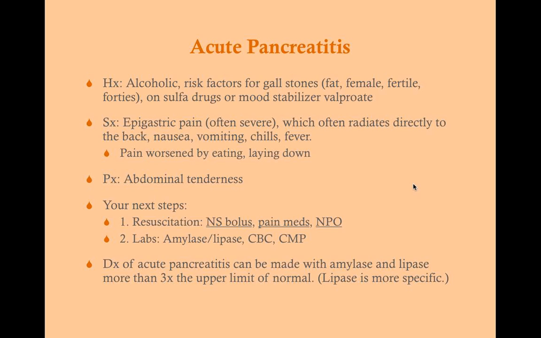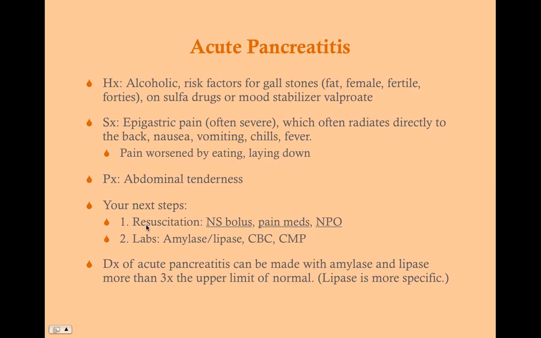So the pain is worsened by eating and with laying down. Again, you're stretching your abdomen when you do that, and so that's going to trigger the pain. So epigastric pain, severe, radiates to the back, worsened by eating, worsened by laying down, nausea, vomiting, fever. On physical exam, you're not really going to see a whole lot except for abdominal tenderness.